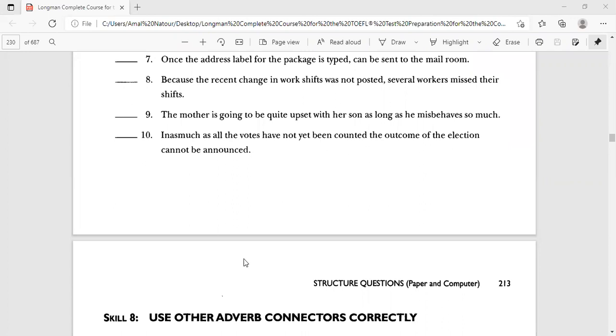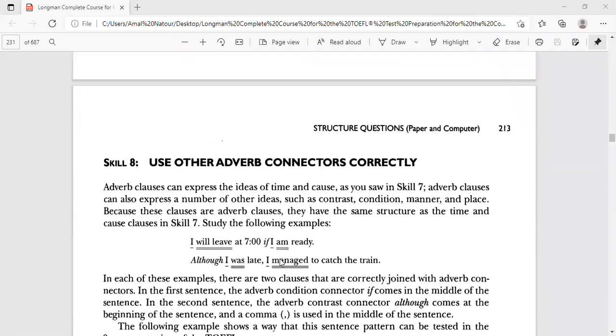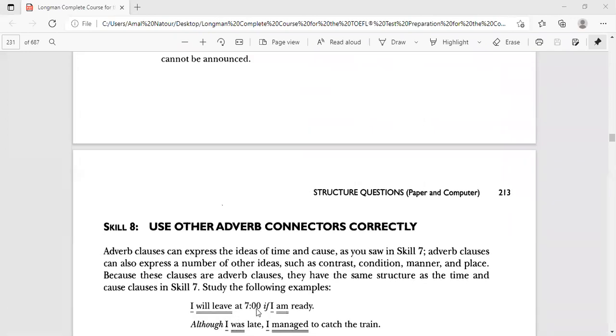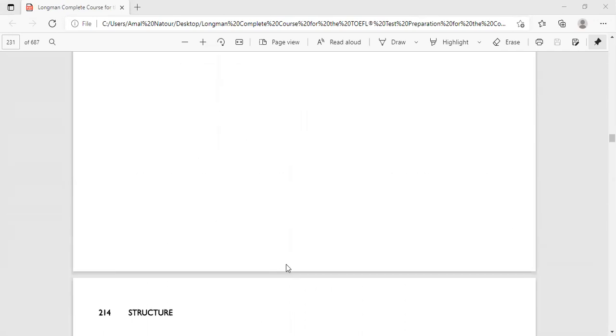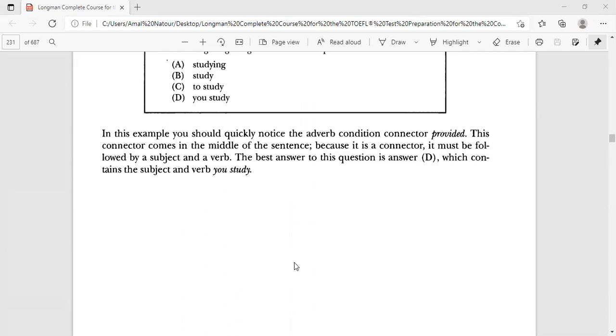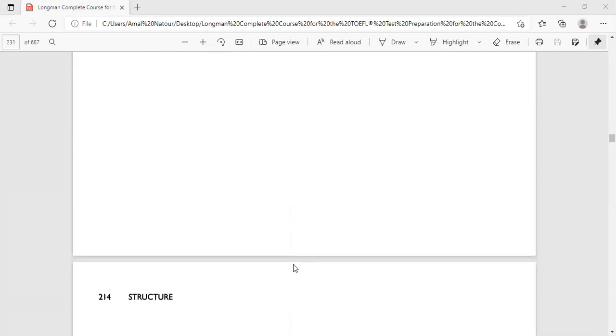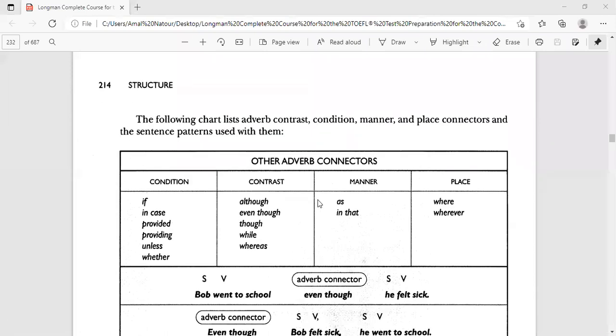So let's look at these two examples. I will leave at 7 if I'm ready. Although I was late, I managed to catch the train. Before that, let me see what the other adverb connectors are that have the same structure as the time and cause connectors.